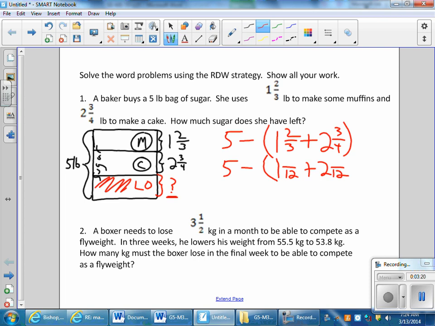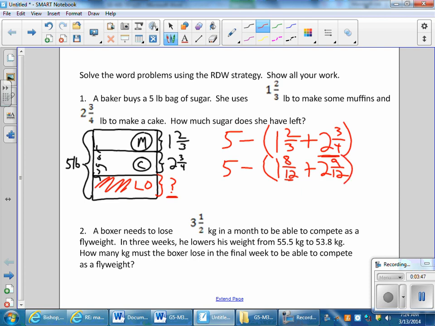I multiplied the 3 by 4 to get 12 as a denominator, so I'm going to do the same thing to the numerator. 2 times 4 is 8. I multiplied the 4 denominator over here on the second term by 3 to get 12. So I'm going to multiply the numerator 3 by 3 to get 9.